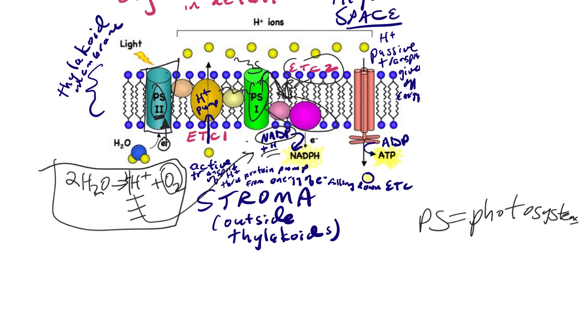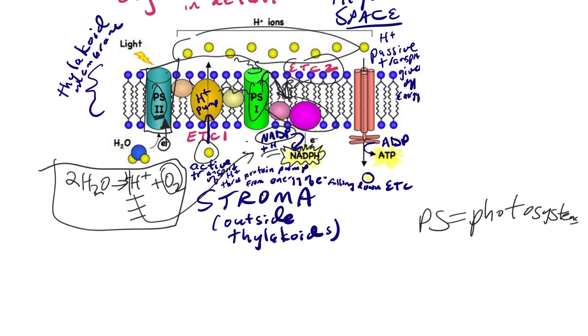Now, you might say, well, why are they using hydrogens when they're being pumped out? We're wasting energy to pump those hydrogens out, making them more concentrated on this side, when we need a few of them to energize NADP and turn it into this high energy ATP-like molecule, NADPH. Okay, that's coming up now.